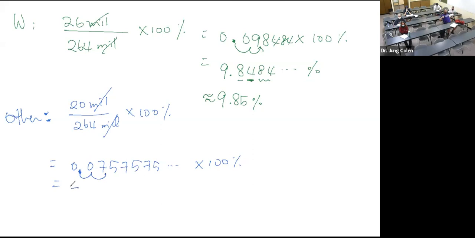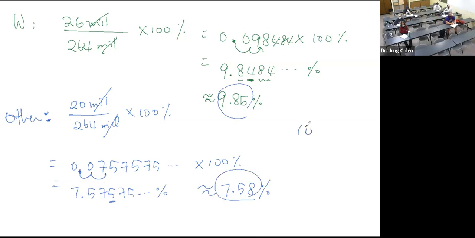So it will go here, 7.5755%. That is approximately what? There we go, 7.58%. Since we approximated, when you add all of these percentages together, it will be a little bit more or less than 100%. By 2, that's okay, because of the rounding.